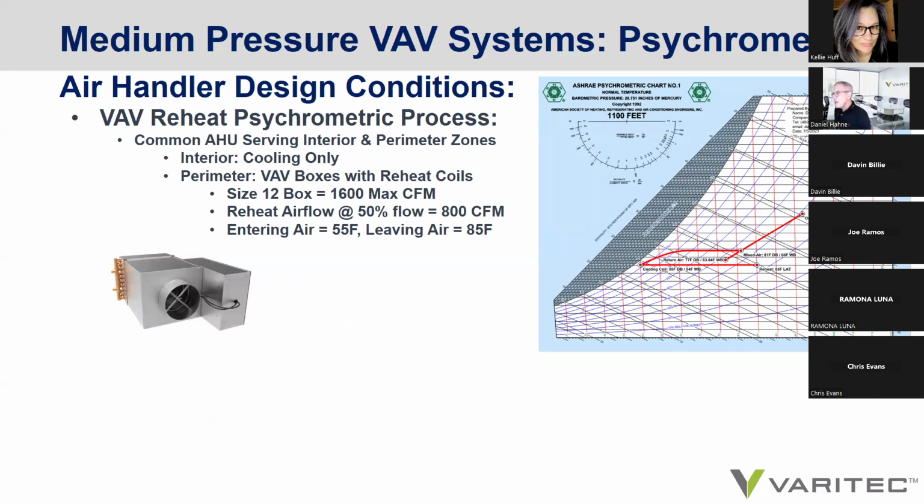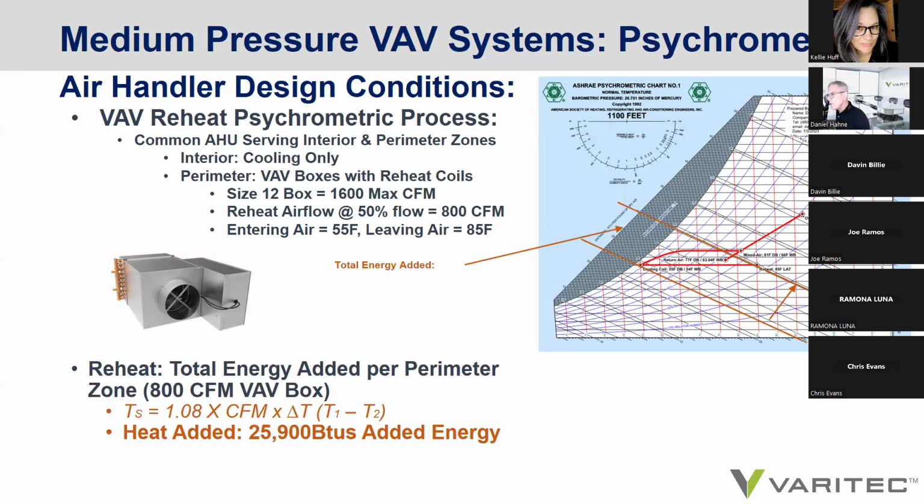And then we examined in the last session the penalties of reheating air once we've had to bring it to dew point, and we see reheat used regularly in offices and especially in healthcare facilities where we need to maintain humidity levels at between 30 to 60% in order to maintain healthy environments.